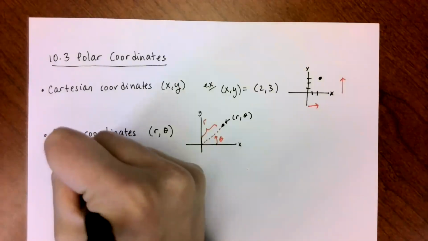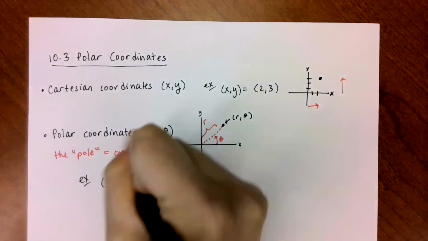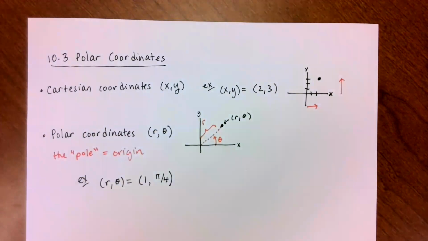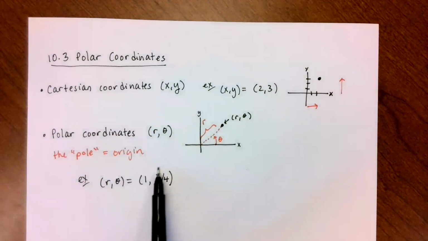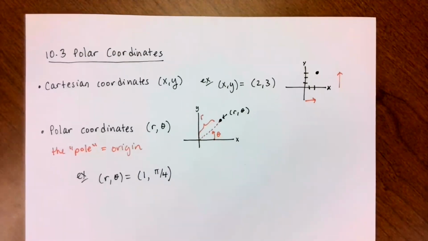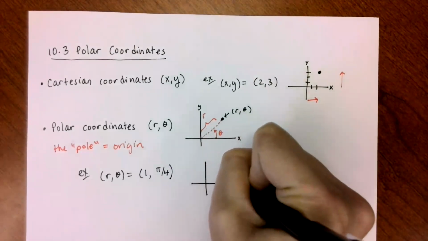Let's say you have an r comma theta point that is 1 comma pi over 4. We're going to see a lot of pi in these next few sections because this theta is an angle. So we're going to see angles in radians, of course, always radians. So to plot this point, we're going to the xy plane.